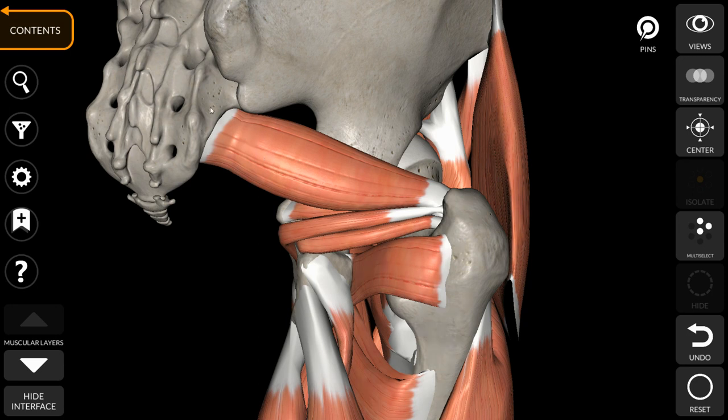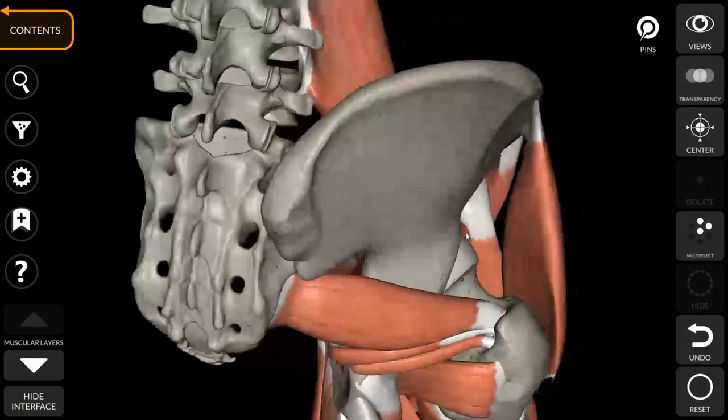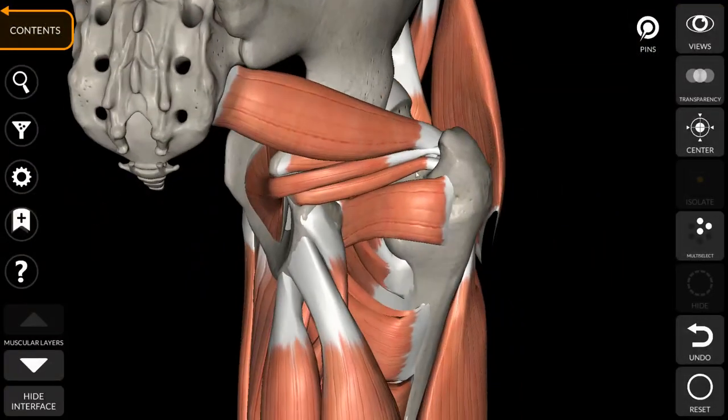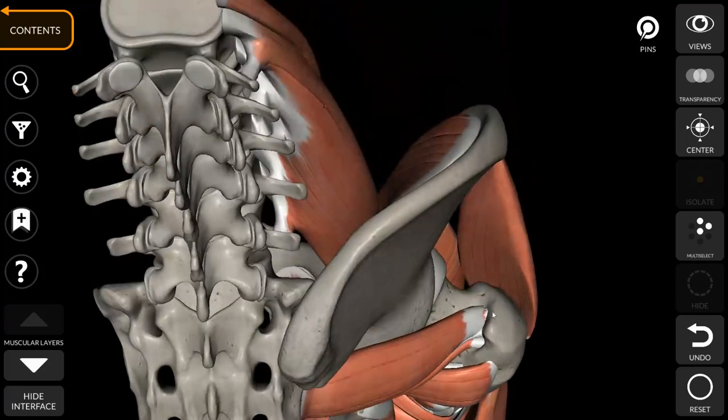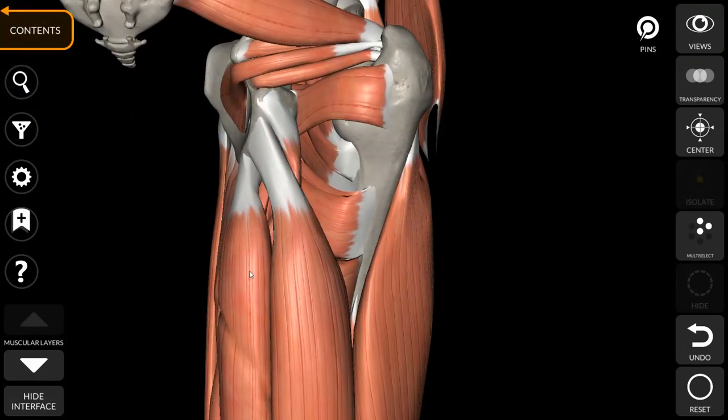It inserts into which area, class? Clearly, the greater trochanter, or specifically the medial surface of the greater trochanter. That's the first one, class.